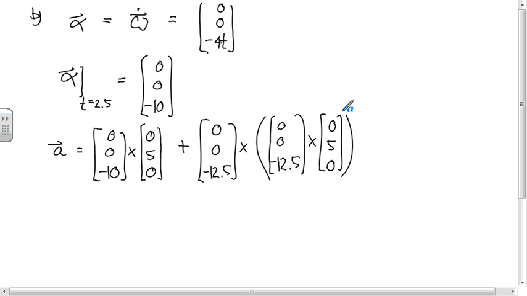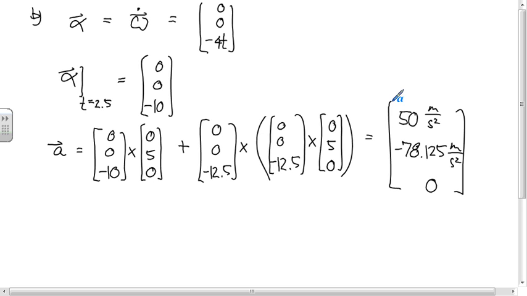And if you calculate all that, you get an acceleration vector equal to 50 meters per second squared, x, negative 78.125 meters per second squared, y, and 0, z.